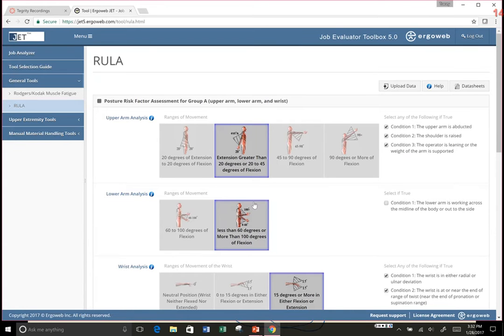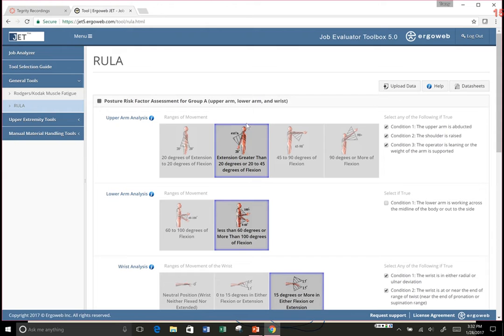So in analyzing that picture, the first thing we want to look at is the upper arm analysis. So his shoulder, we said he was reaching forward. So is he nearly neutral? Is he reaching forward 20 to 45 degrees? Note that the picture I showed you is slightly different from this.